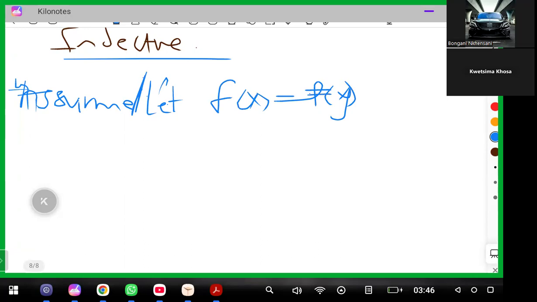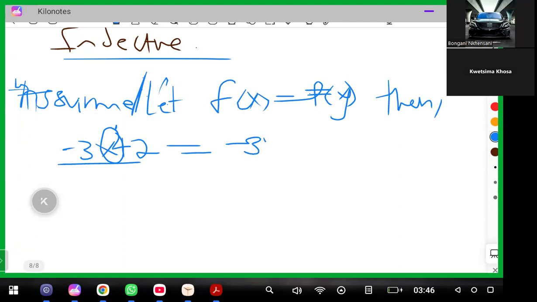Then negative 3x plus 2, this was the original function. Then here we'll just replace x with y, right? Negative 3y plus 2.